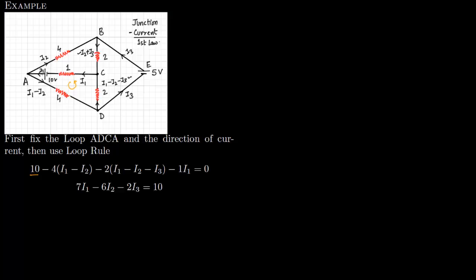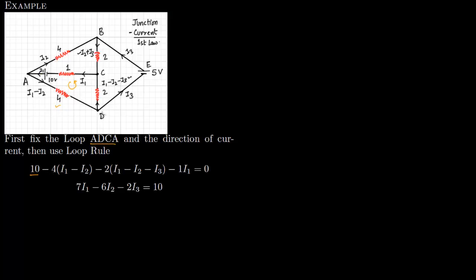I1 does not encounter any resistance, so we don't worry about I1 first. The first resistance we encounter in this loop, ADCA, is the resistance 4. So you have minus 4(I1 minus I2). This I1 minus I2 is in the same direction as our loop, so you have the negative sign, while the battery has the opposite sign. So the battery is 10 and you subtract it.